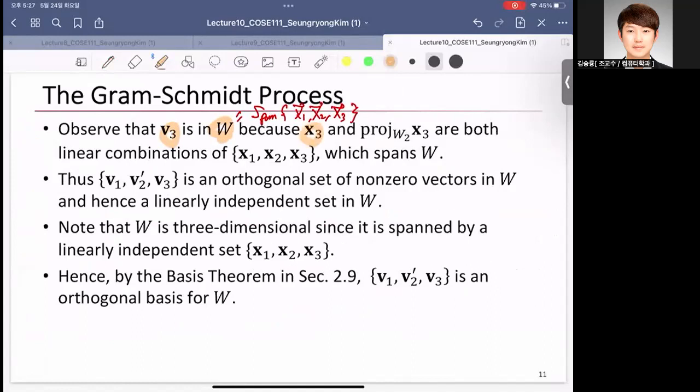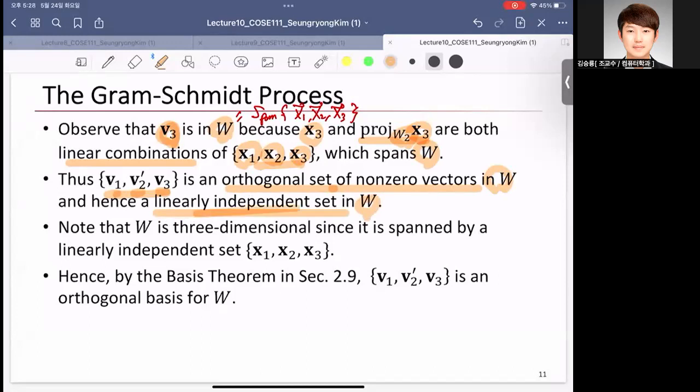Because x3 and the projection of x3 onto W2 are both linear combinations of x1, x2, and x3, which span W, V3 is also in the subspace W. So V1, V2 prime, V3 is an orthogonal set of nonzero vectors in W, hence a linearly independent set in W. Because they are an orthogonal set, they are independent, 그렇죠?